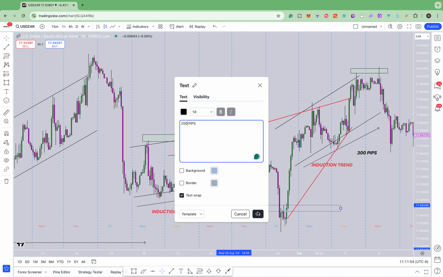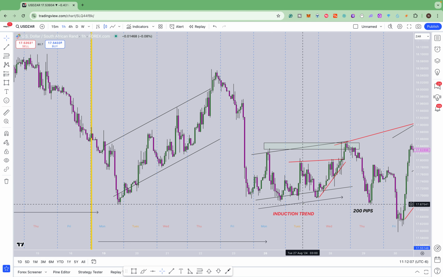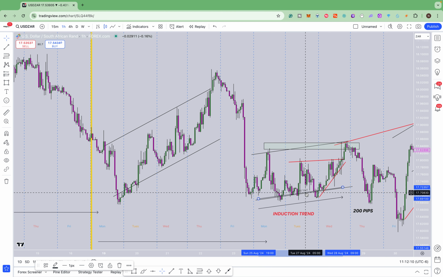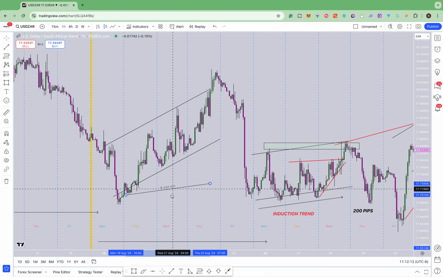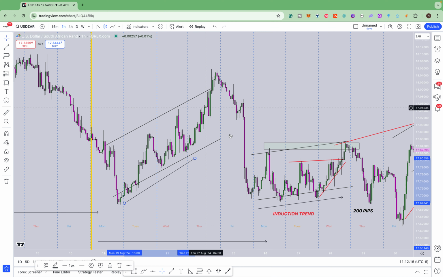Now we just looked at 3 consecutive weeks in a row where this strategy played out. Going on the 4th week, we have the obvious induction trend starting Sunday, Monday, Tuesday, going into Wednesday.